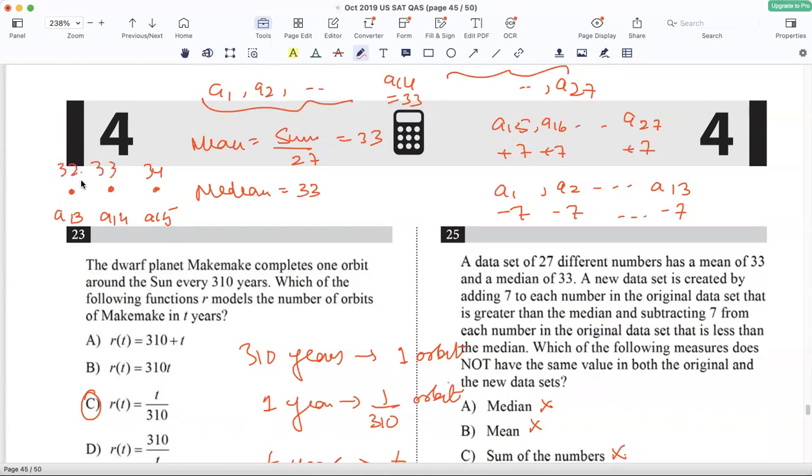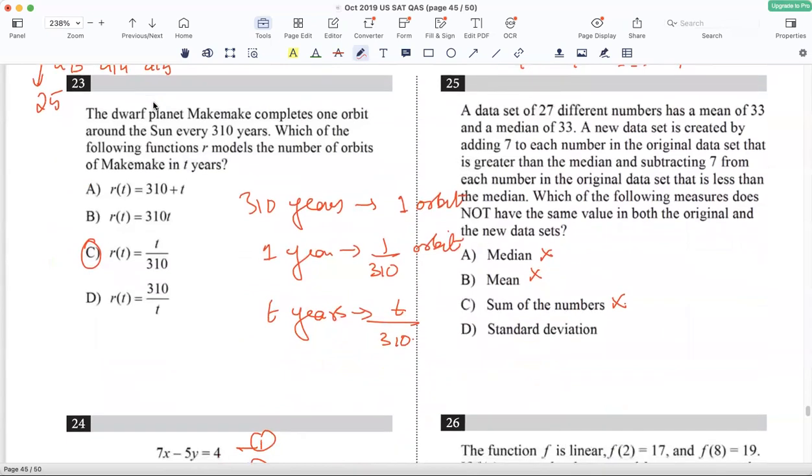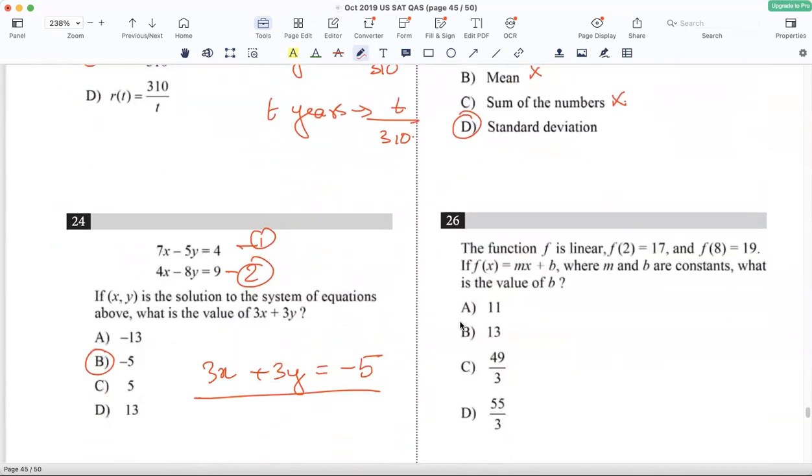Now this is my mean, and I have reduced this by 7, so this has become 25, and this I have increased by 7, so this has become 41. So the deviation from the mean has spread, right? It has increased because on the left hand side, my numbers have become lower, and on the right hand side, my numbers have become higher. So this will definitely not be the same for the two data sets.